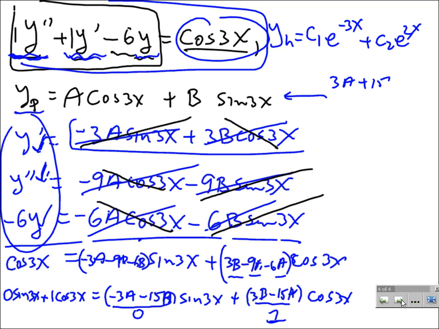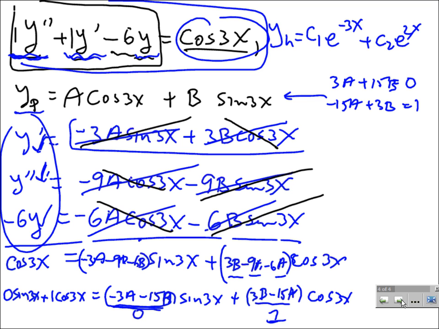So multiplying by negative 1, we have 3a plus 15b is 0. And on the right side, we have 3b minus 15a is 1.